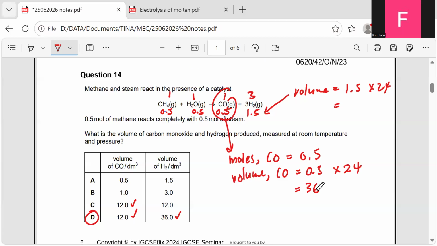Do you understand this working? Yes, use 24 dm cubed, because 1 mole of gas is 24 decimeter cube.